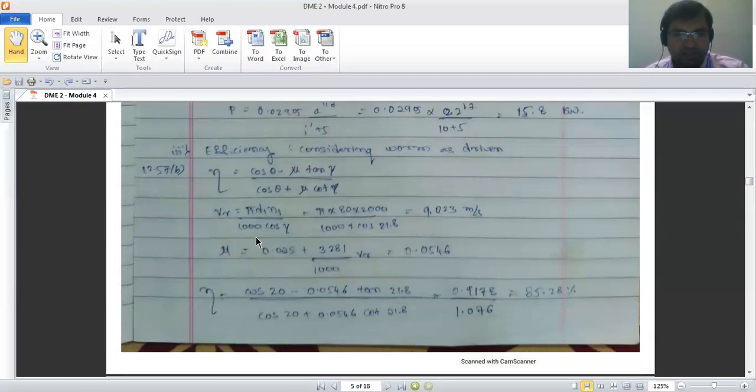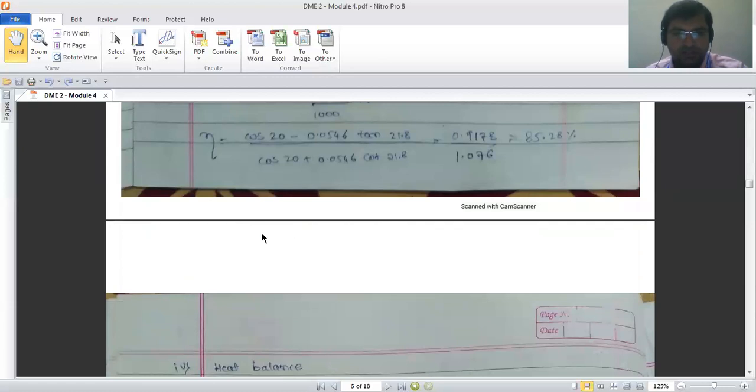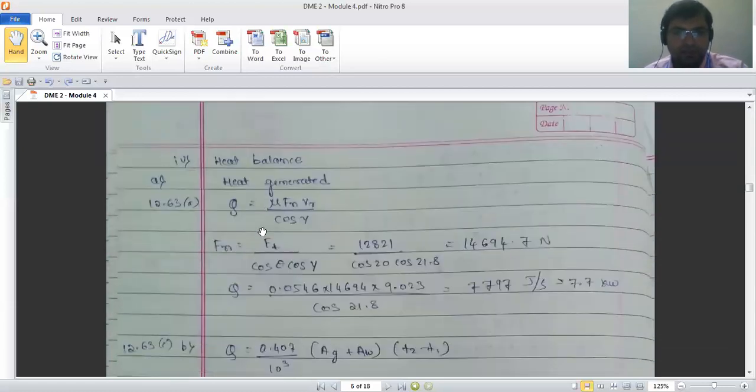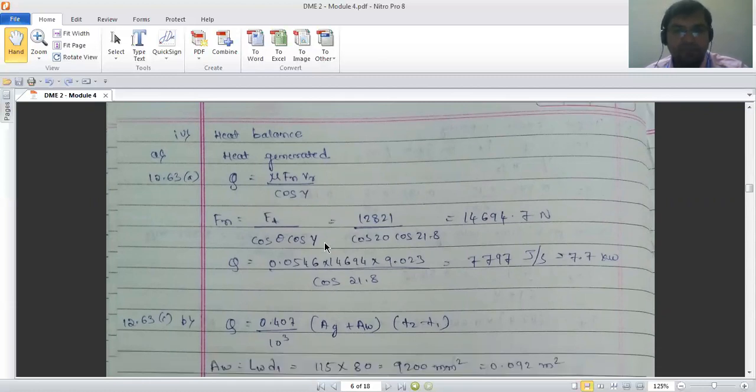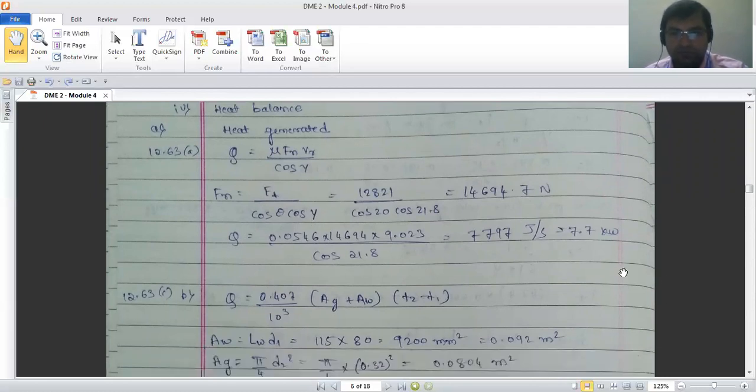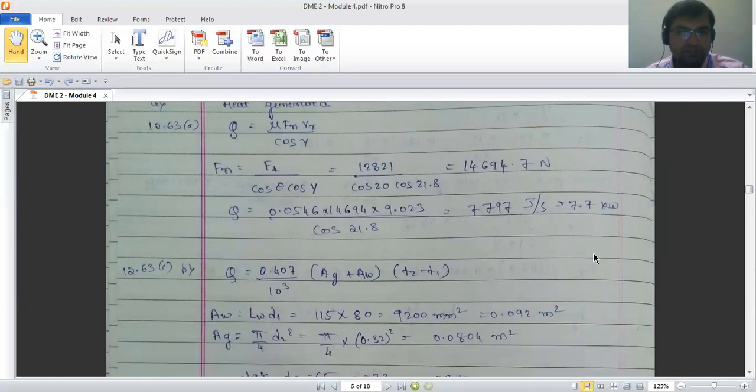You can get the efficiency about 85.28%. Now the heat balance, equation 12.63a, refer to the equation and you can get the heat generated, that is Q equal to mu Fn Vr by cos gamma. Ft is known, theta is known, gamma is known. You can get the Q value, which is around 7.7 kilowatt.